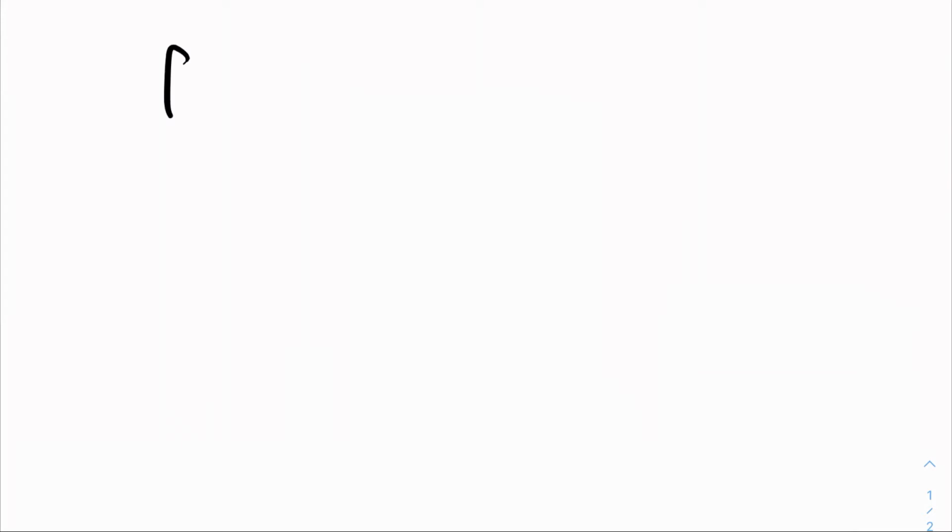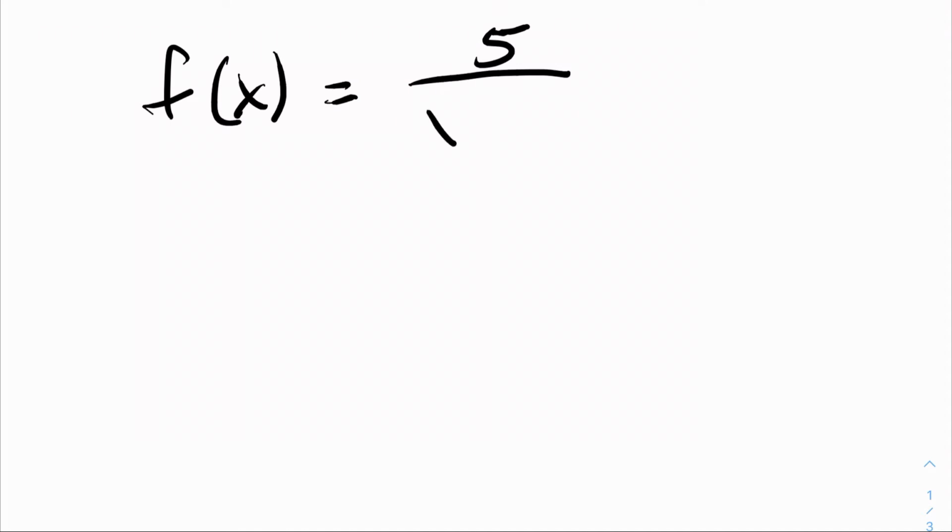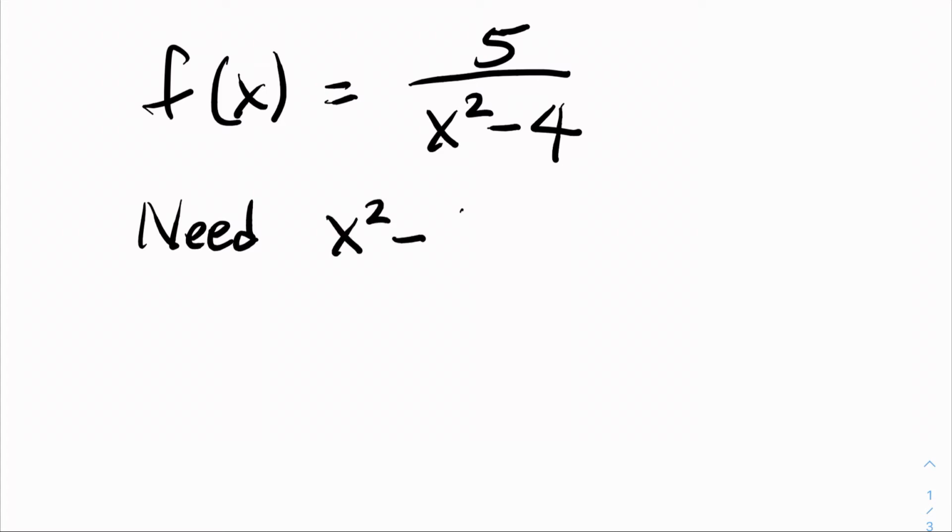Okay, let's do the second problem, but let's do it the proper way. No shortcuts. Again, we have a rational function, a constant over a quadratic, and this time the bottom is x squared minus 4. So using the same logic from before, we need the bottom part, that is the x squared minus 4, to not equal 0. So how do you solve for that?